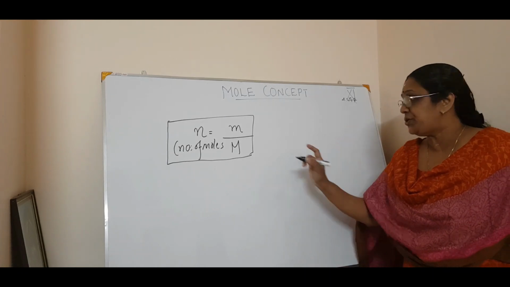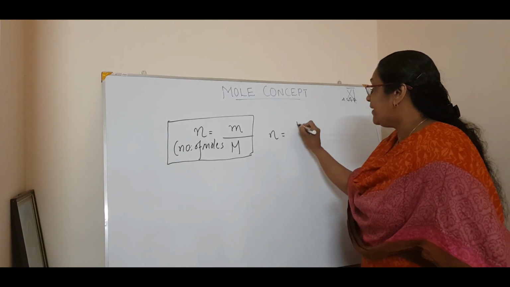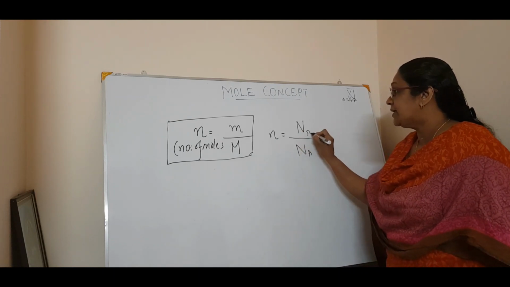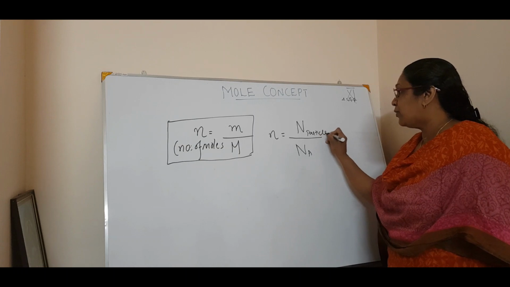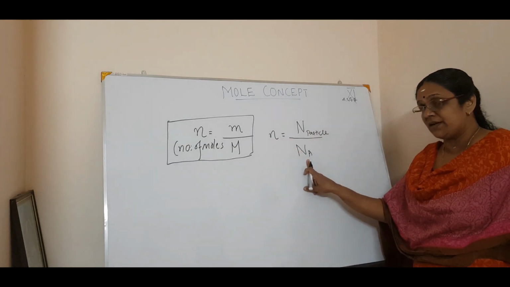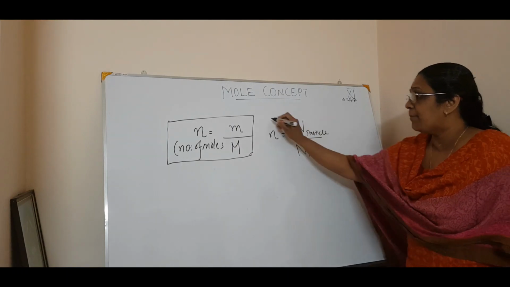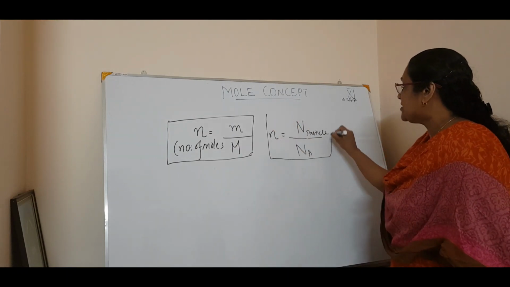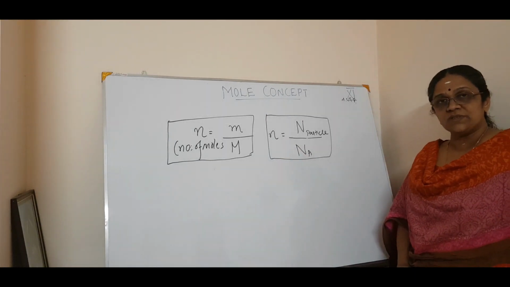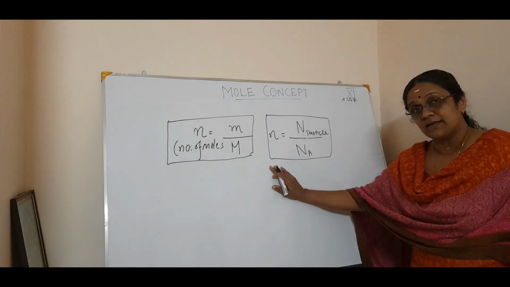Now one more equation you have studied. N, the number of moles, is equal to the number of particles divided by the Avogadro number. If you want to calculate the particles, if you find mole and the Avogadro number is a constant, you cross multiply and you will get the number of particles. So this is the second equation for calculating the number of moles. These two you have studied in earlier classes.